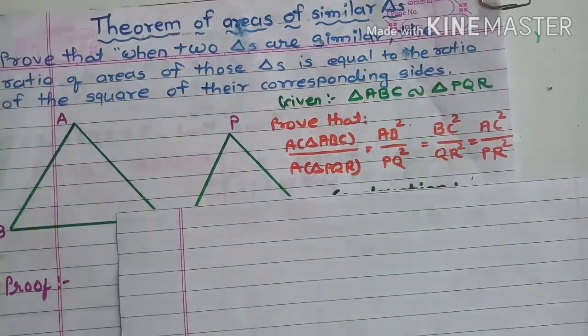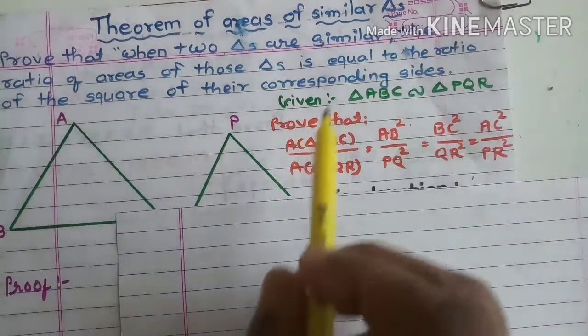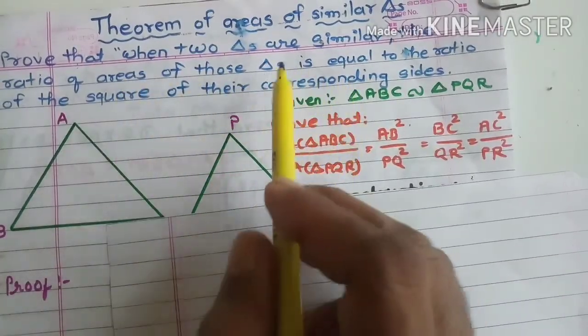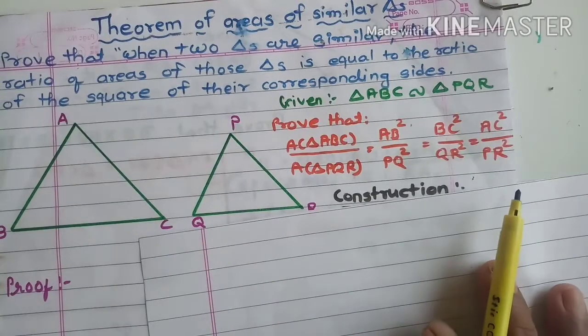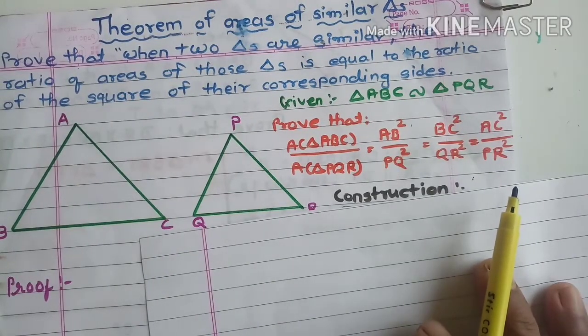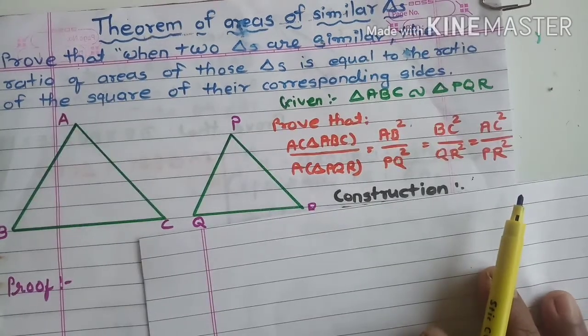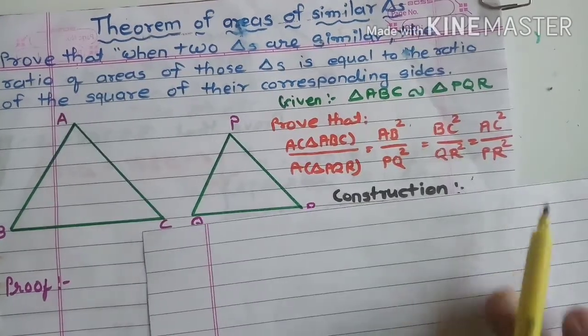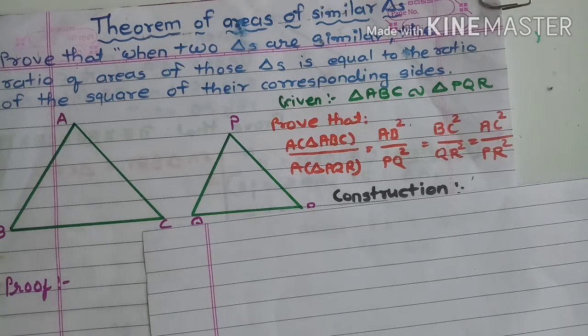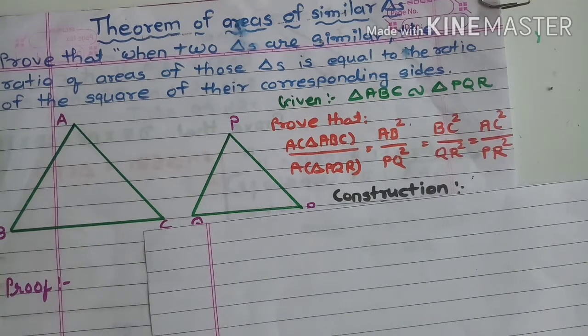So when we are talking about the area of the triangle, what is the formula to find the area of a triangle? It is half into base into height. In the diagram we don't have the height, so first of all we have to construct a height in the diagram.